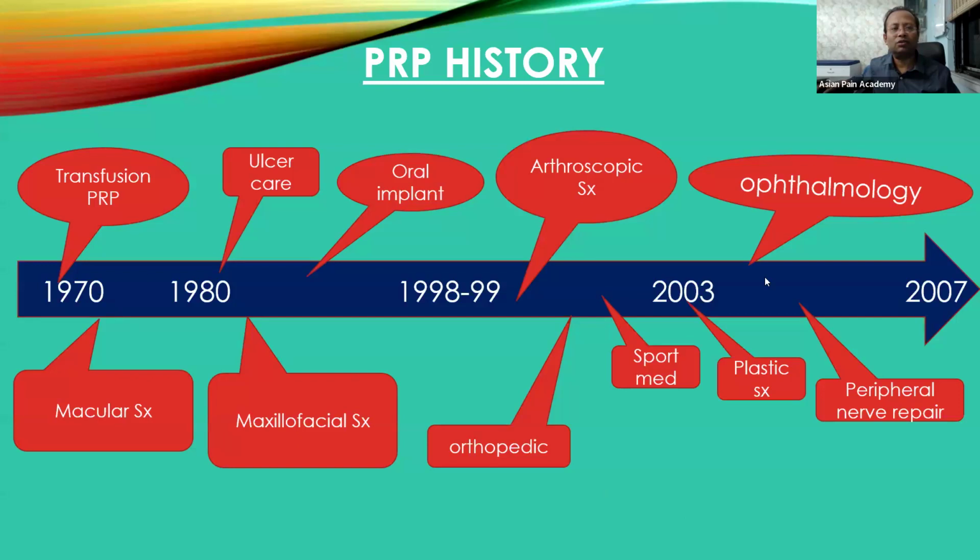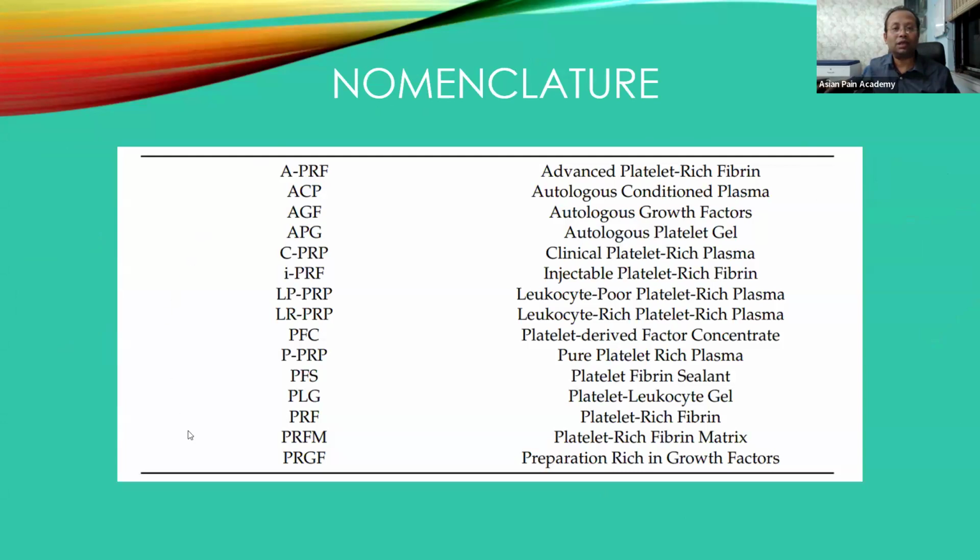PRP is not a new drug; it has been used since 1970 by different specialties, and we are also using it now. Since different branches have used it, they have given different names, but all are actually PRP, with slight variations.